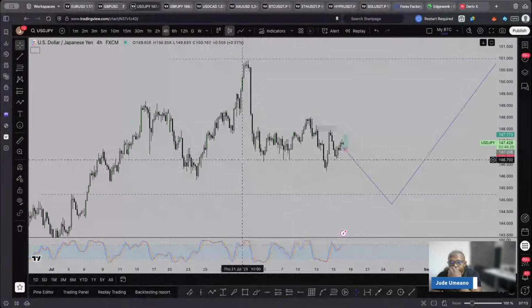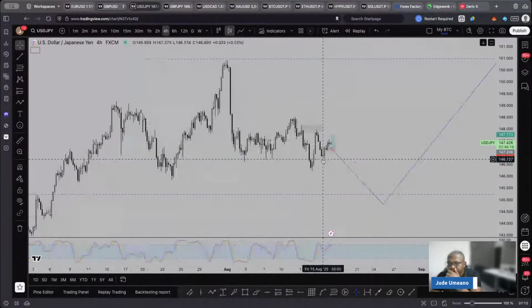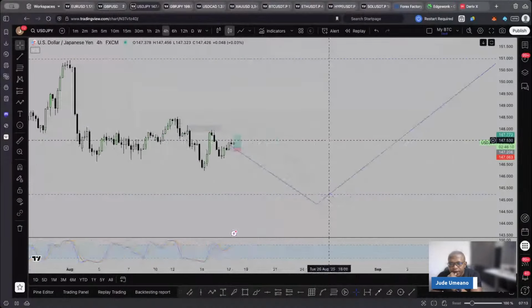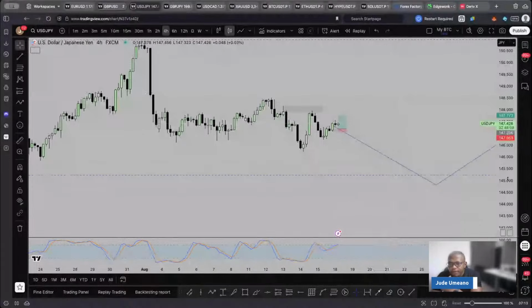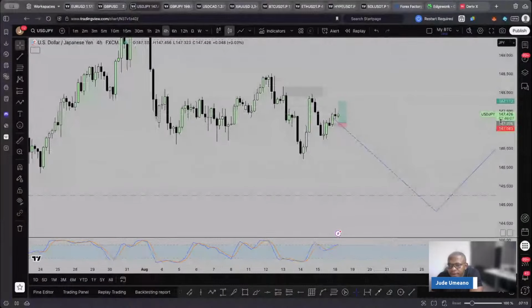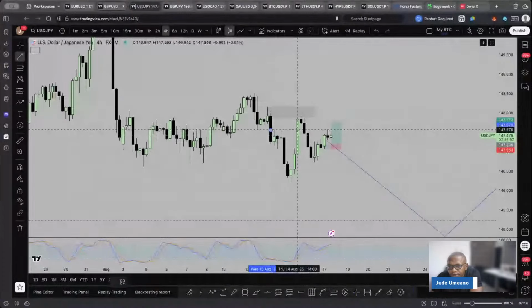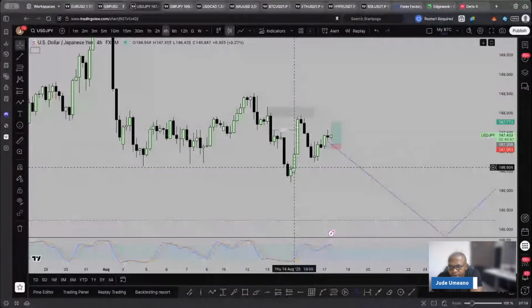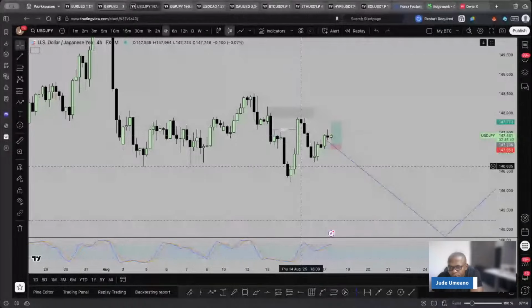We had a sweep of this all the way down, but here we are having a break of structure to the upside. So I'm going to mark out here where we are having a break of structure this way to the upside. And this candle originated it, this particular one, this candle before this fair value gap. We didn't tap into it.